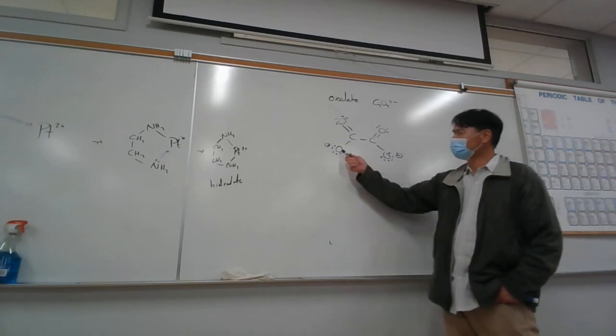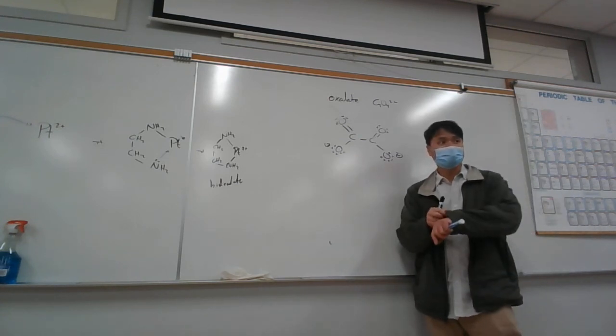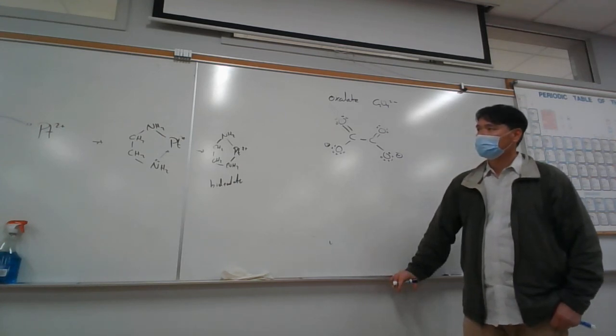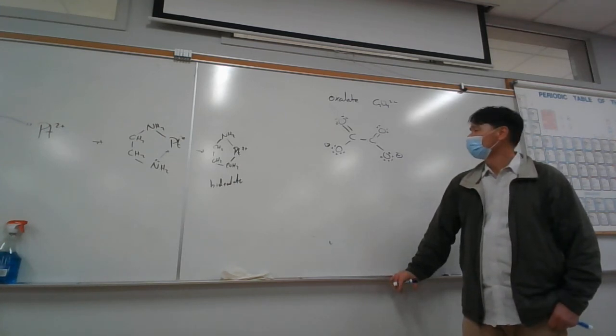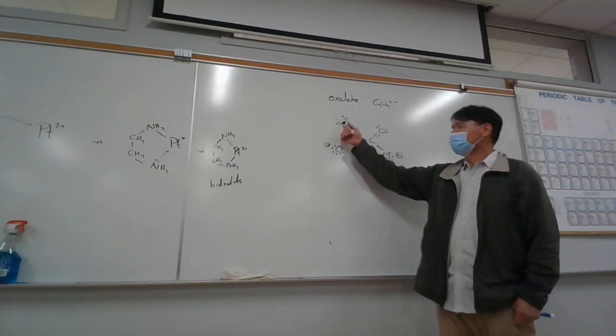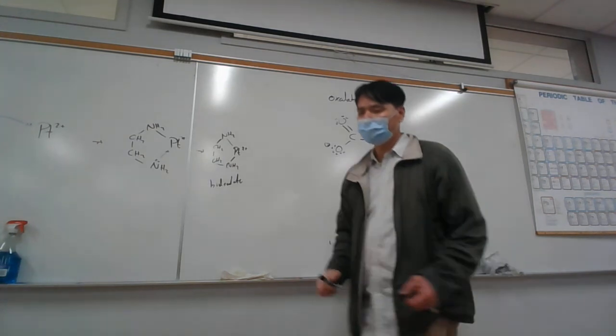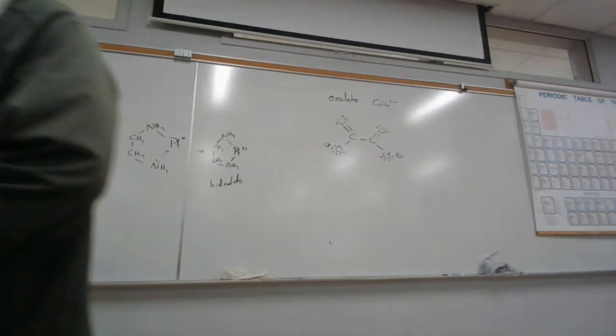I would expect the oxygen with negative charge to be better, just because it should be a better donor compared to this. But in reality, these two oxygens are the same. And so we'll take a look at oxalate next.